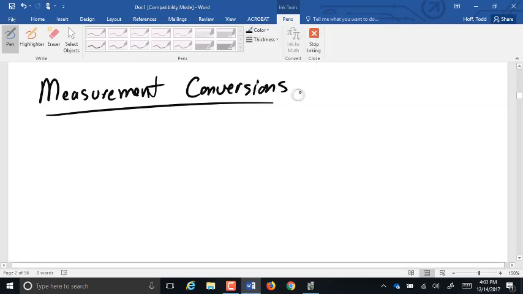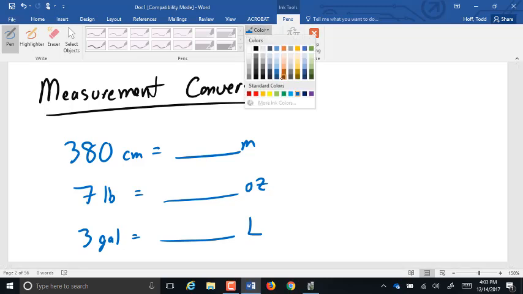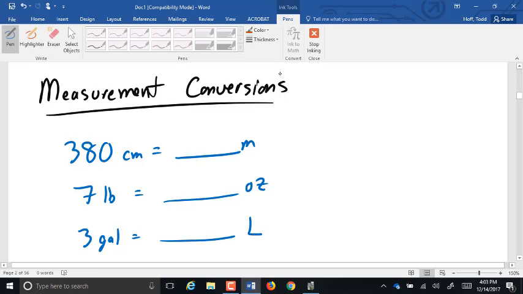How do we convert 380 centimeters into meters? How do we convert 7 pounds into ounces? How might we convert 3 gallons into liters? All these are relatively straightforward conversions.